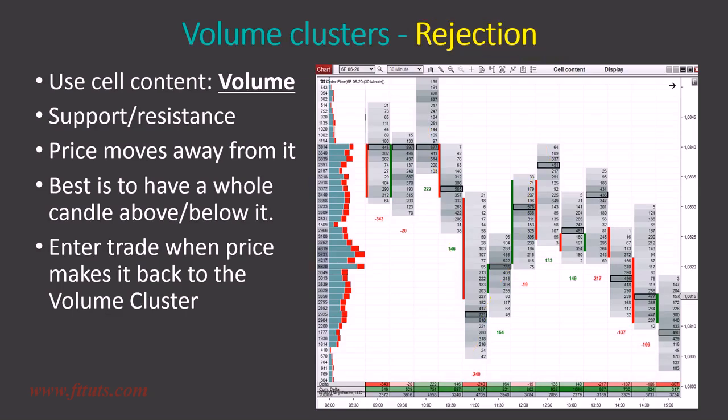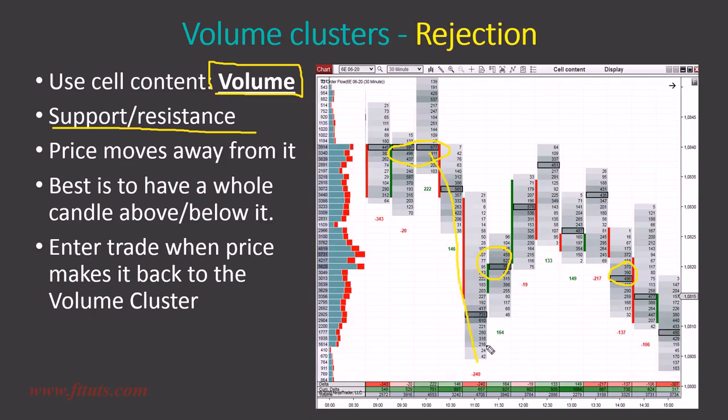Again, you use the volume settings, and those volume clusters which you are now familiar with show support and resistances. And what you're looking for is a volume cluster which is created within a rejection. So you are not interested in volume clusters created, for example, in here or in here or in here, but you are interested only in significant volume clusters within a rejection.